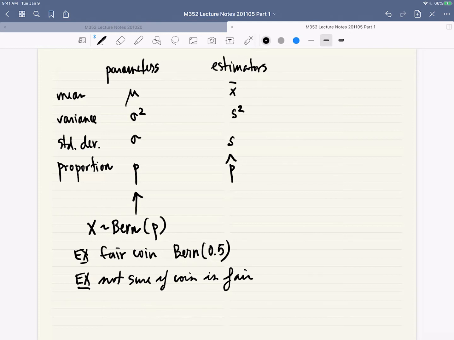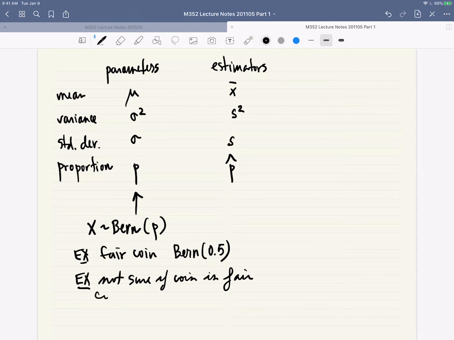What could we do to estimate the probability we get a heads on this coin that we don't know is fair? So if you thought, well, let's flip the coin a bunch of times, that's what I would do too.